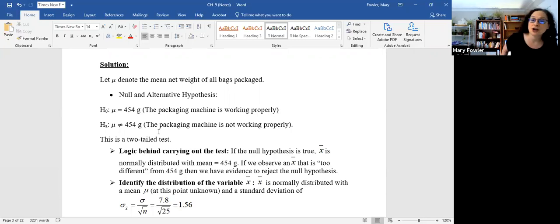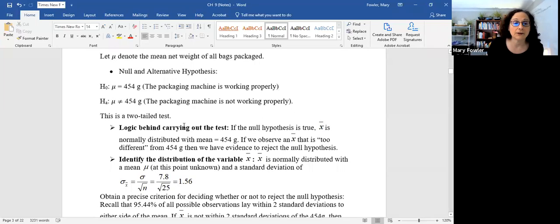So you walk into the shop and you want to have some evidence. You're going to grab these 25 bags of pretzels and you weigh them. Let's go ahead and look at the notes. So we have a null and alternative hypotheses and the logic behind carrying out the test.